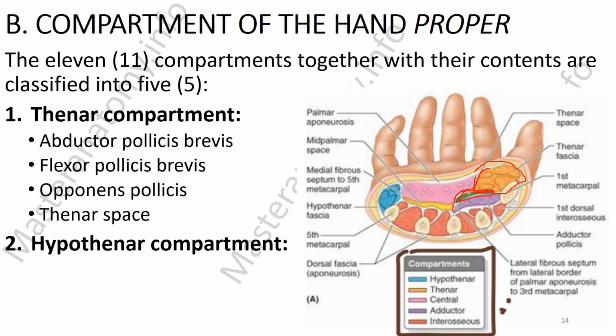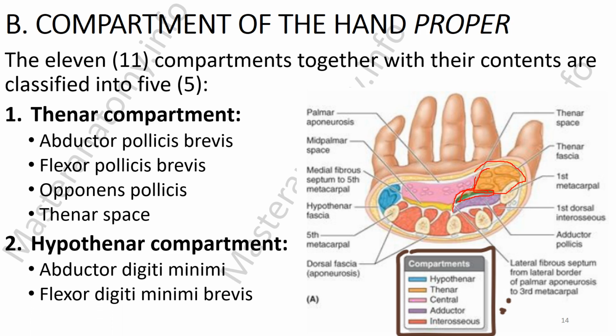Now the second is the hypothenar space, which contains muscles of the digiti minimi, and it doesn't have any space. It's just a compartment.